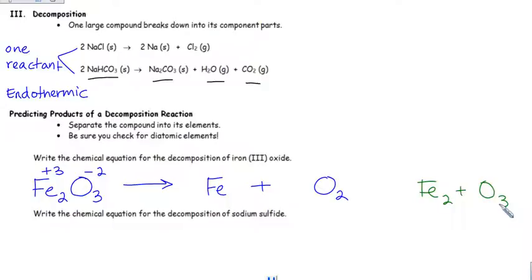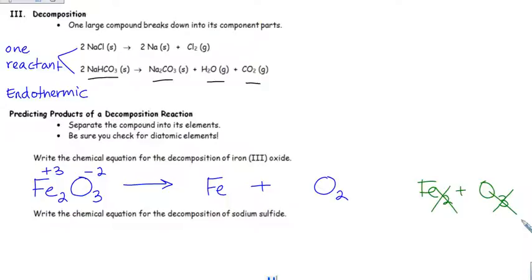But unfortunately, elemental iron is not diatomic, and oxygen gas is not triatomic. O3 does exist, it's ozone, but that's not what we're trying to form in this decomposition. So again, those little subscripts do not get a free ride to the product side. We split the compound into its elements, and really all we're checking for is an element that might be diatomic.